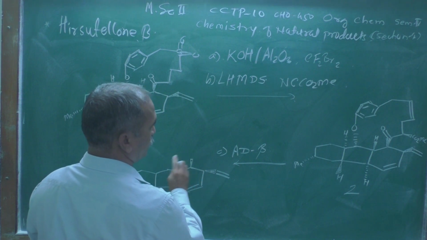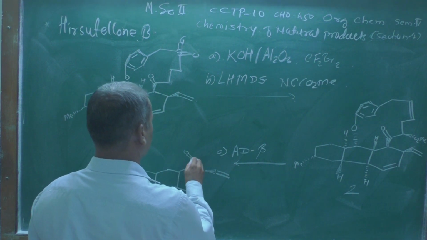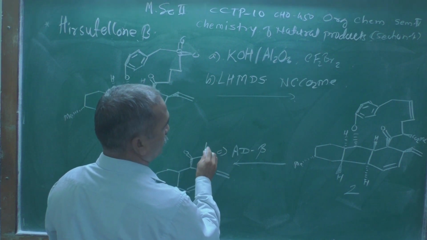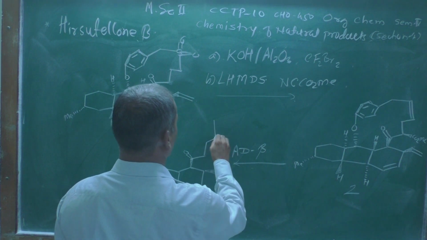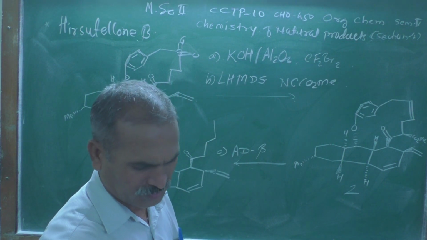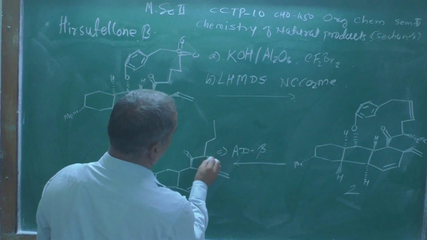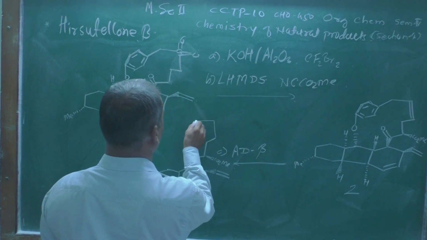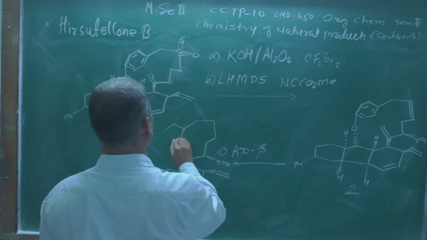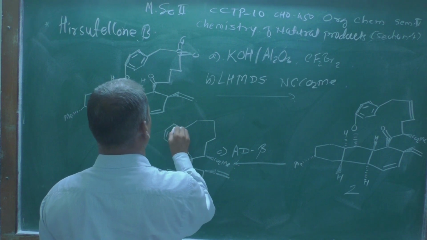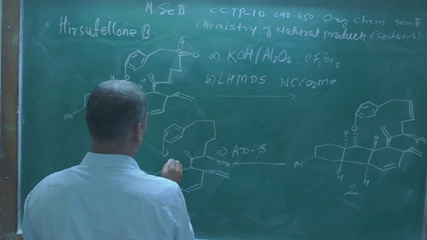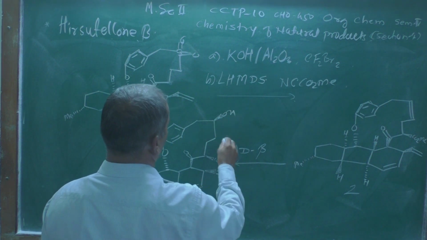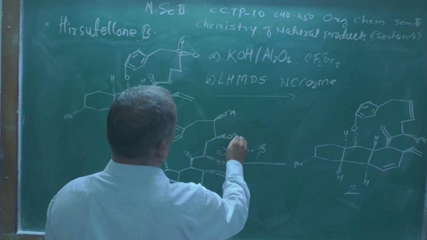It is a C double bond O, this bond is above the plane, CH2, this one, then the compound where we can get, this is the CO2Me, here we are writing this compound as it is, O, and there we can show this one. Now here is a cis hydroxylation, OH, and here also an OH.